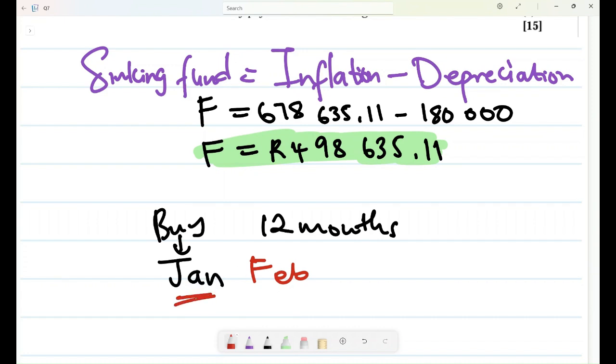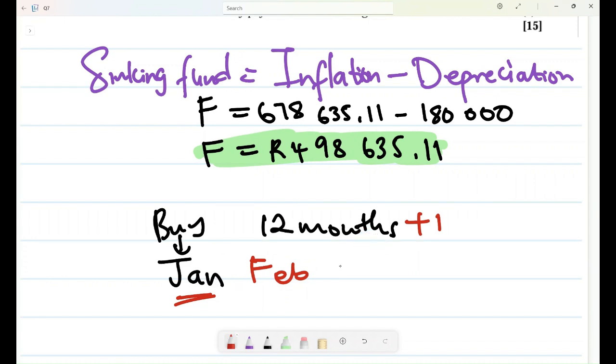If you start paying in January, it means you will have one extra month to the months that you're supposed to pay. So if you start in January, you'll pay for plus 1 month. It means you'll pay for 13 months if you pay in January.